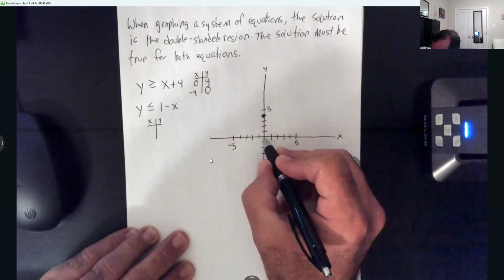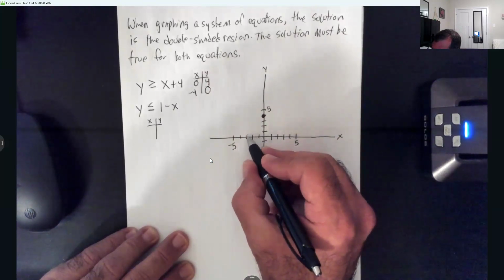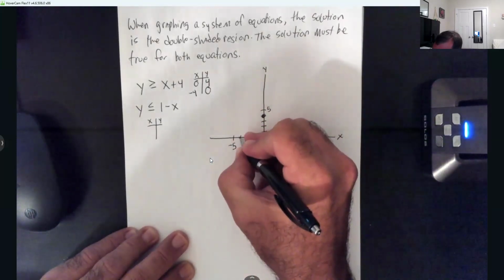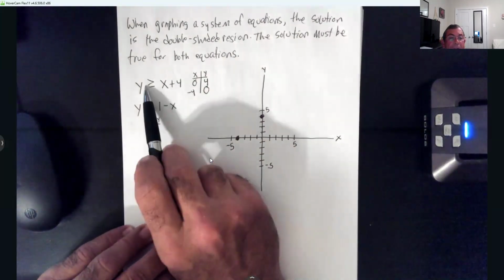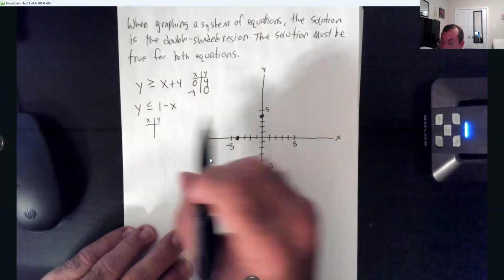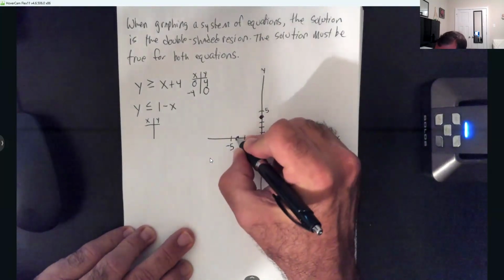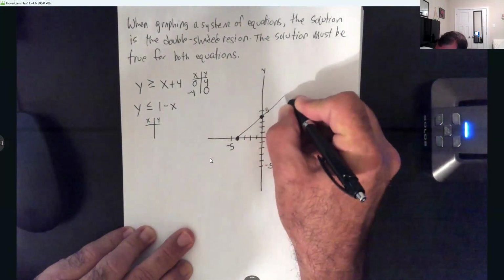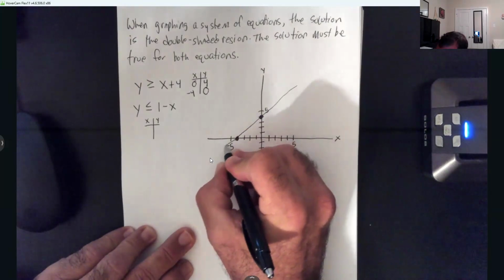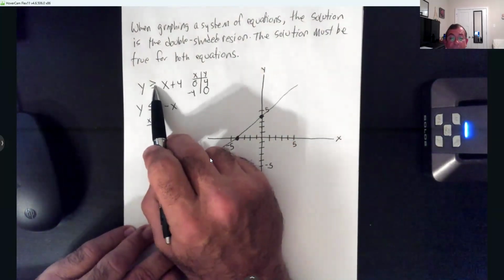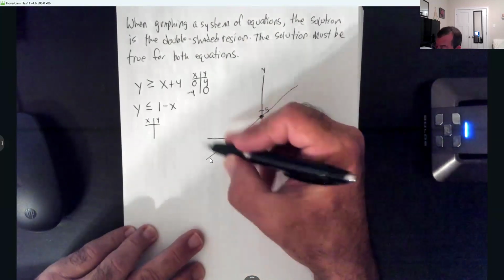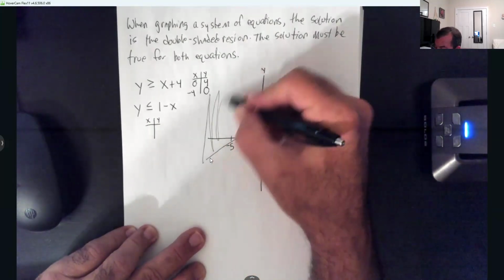So at -4, 1, 2, 3, 4, my y value was 0. Now notice when I draw the first line, I got equals under here, so this will be a solid line. This one was greater than, so I'm going to shade above the line.